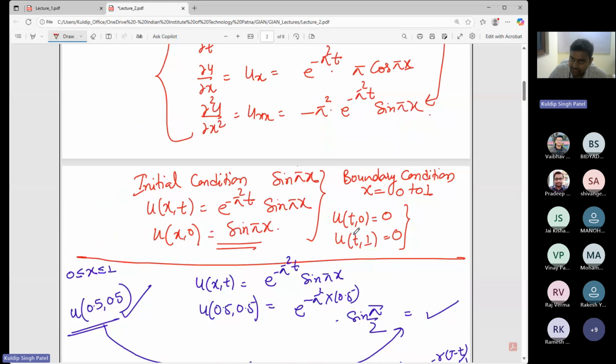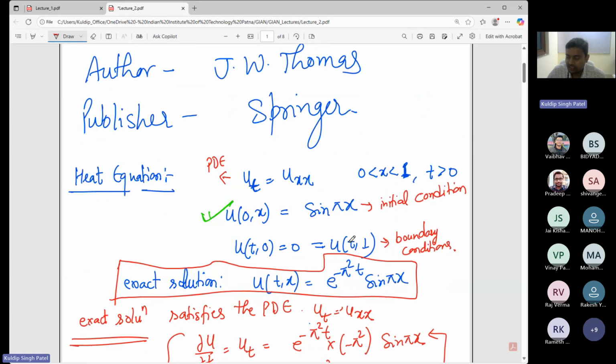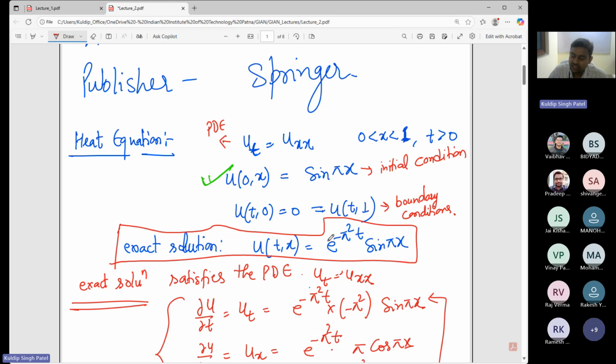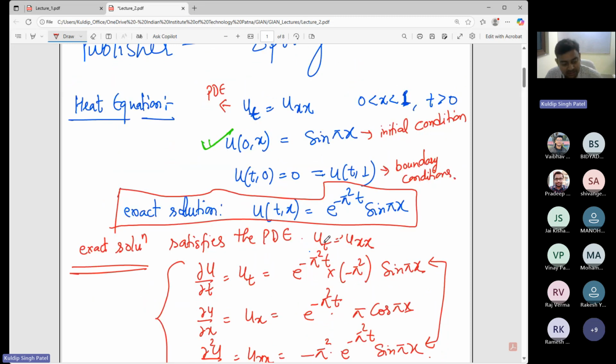So we started with the heat equation. Let me again recap quickly. We took one example where an initial condition is given, a boundary condition is given, and an exact solution is given. Why are we doing this question?